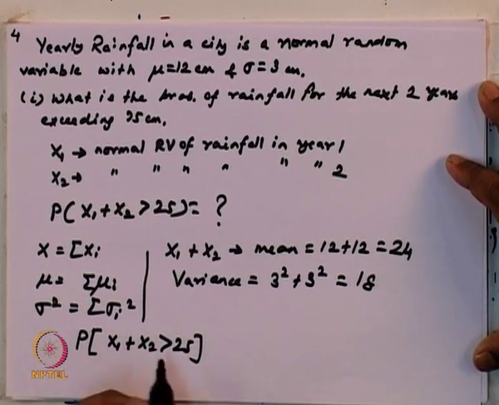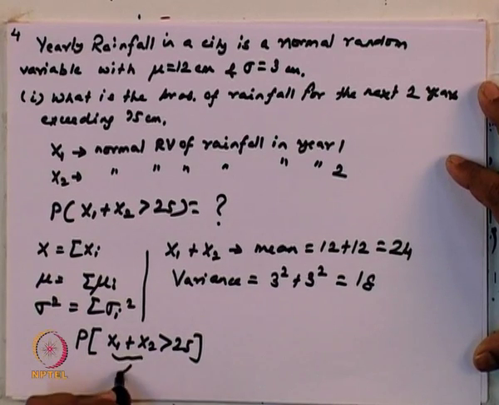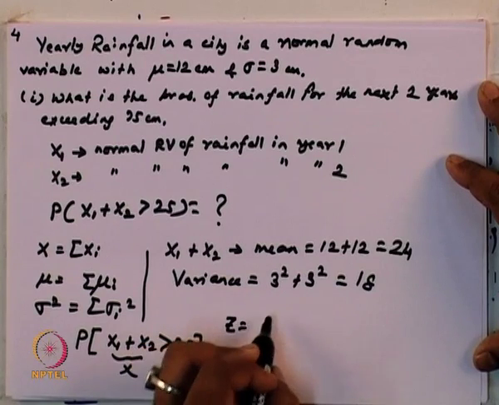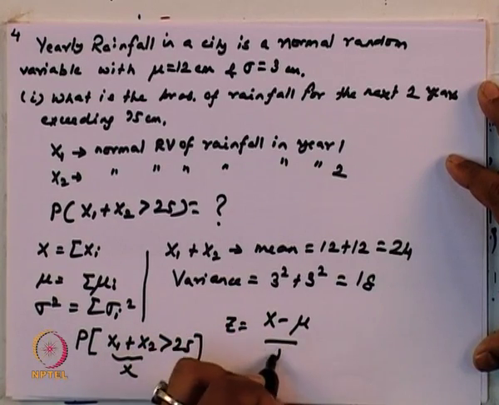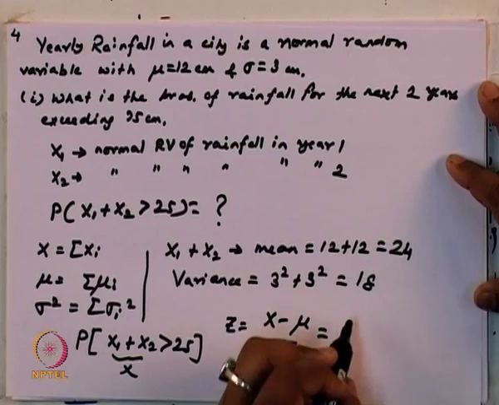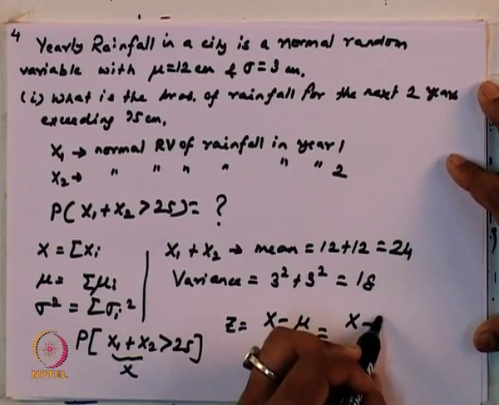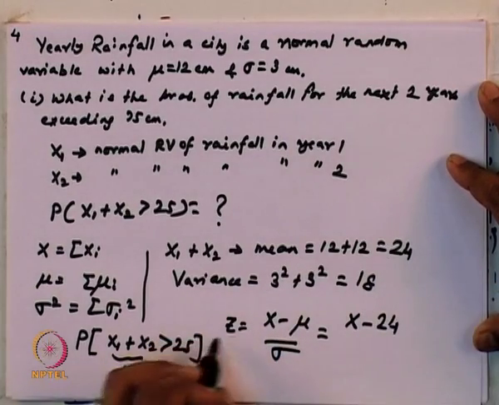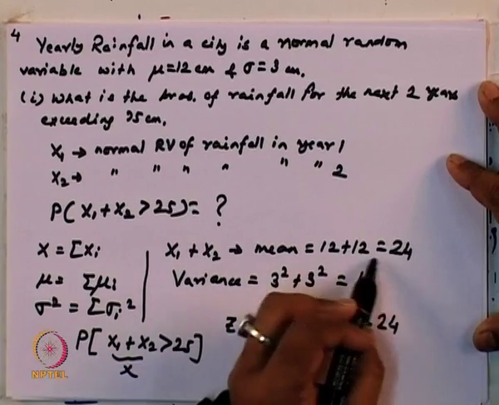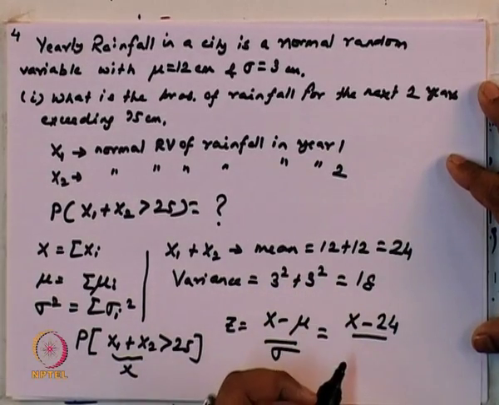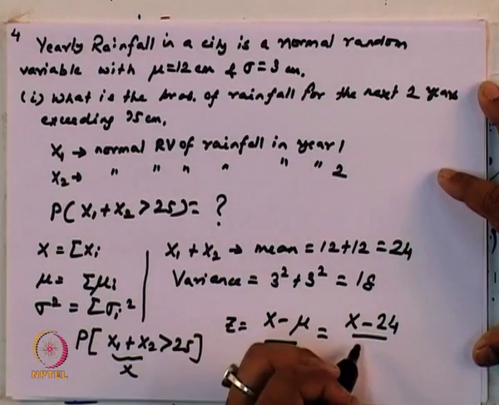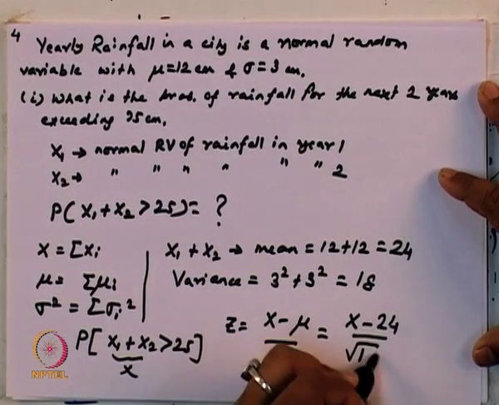So I can convert this into a standard normal variable. Let us say this is x. I can define z equal to x minus mu by sigma, where mu is 24 because this random variable has a mean of 24, and sigma square is 18, so root of 18 is the sigma.